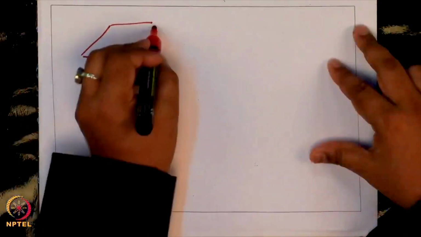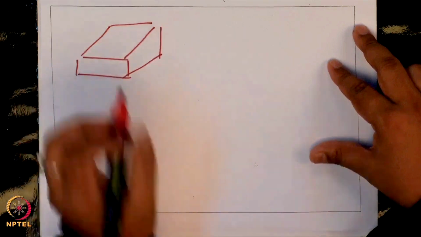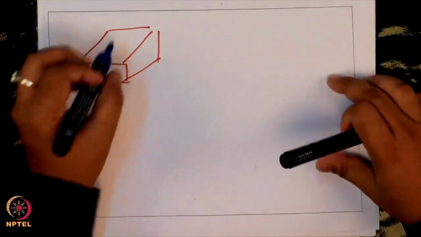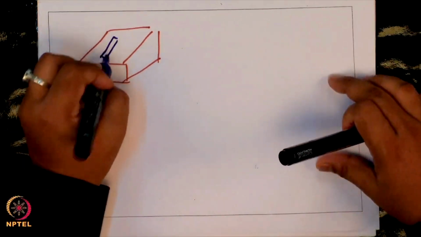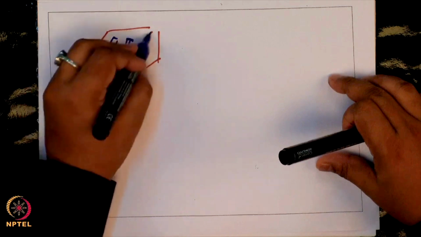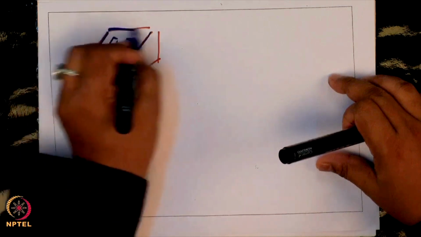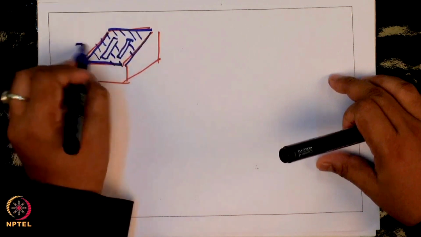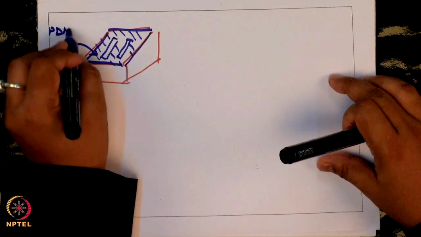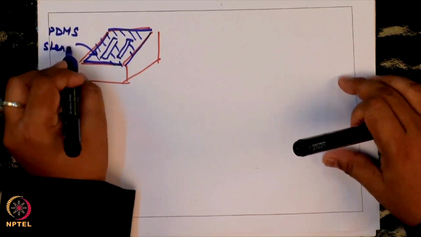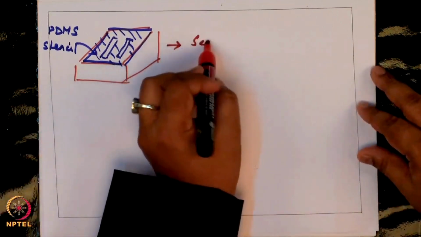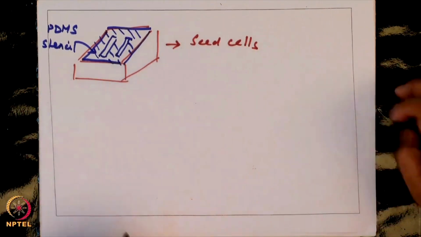Let me first describe the setup. Let us say this is your glass cover slip or top surface. The authors designed a stencil, made of PDMS elastomer. You seed cells on this surface.